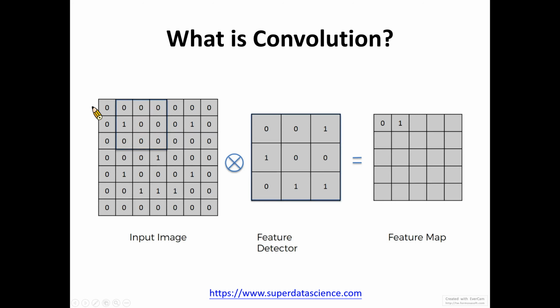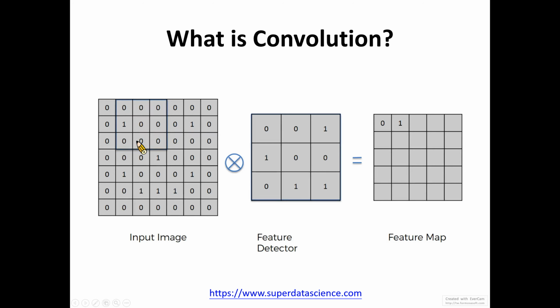And if you just move the window one step to the right, then you can see that there's only one pattern matched in this 3 by 3 matrix, which is in the middle left pixels.